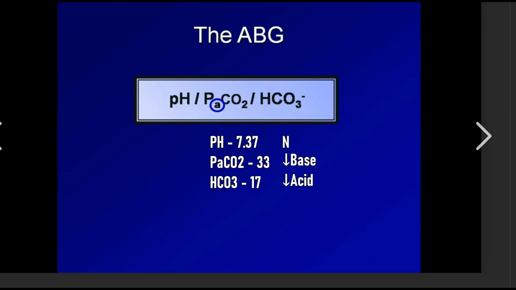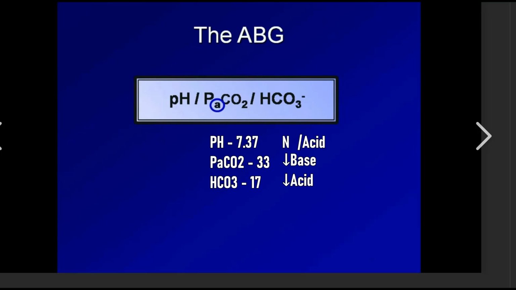So this is not a normal ABG because your carbon dioxide and bicarb are out of range. So look more closely at the pH. pH is normal, but is it towards the acid side or alkalotic side? Remember, less than 7.4 is towards the acidotic side, and greater than 7.4 is towards the alkalotic side.